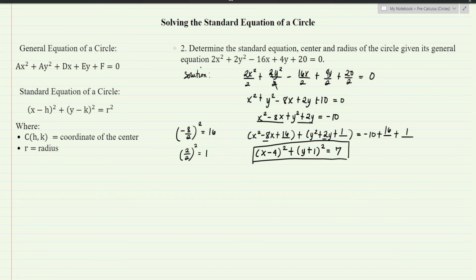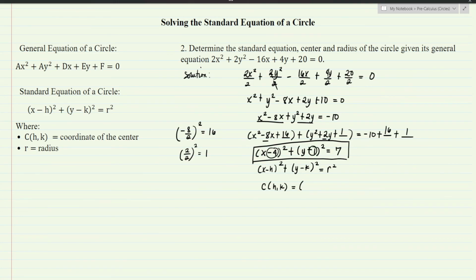Now, to solve for the center and the radius of the circle, let's compare this one to x minus h squared plus y minus k squared equals r squared. To determine the coordinates of the center h, k, you will just change the sign of these two values.